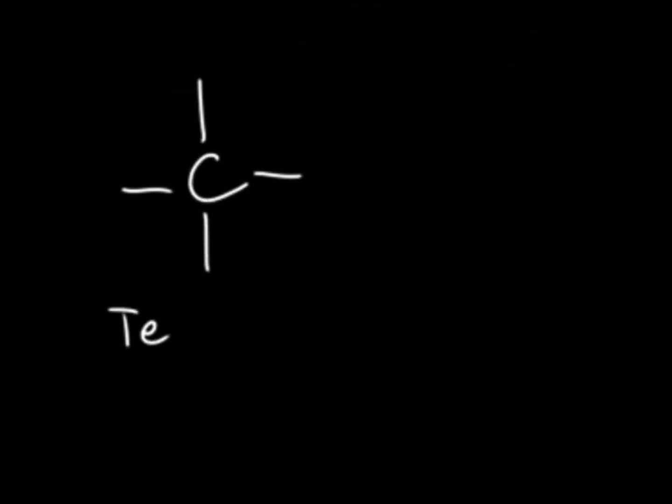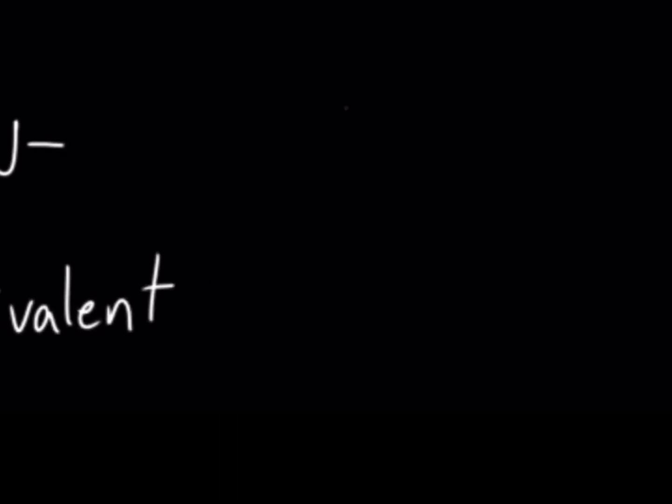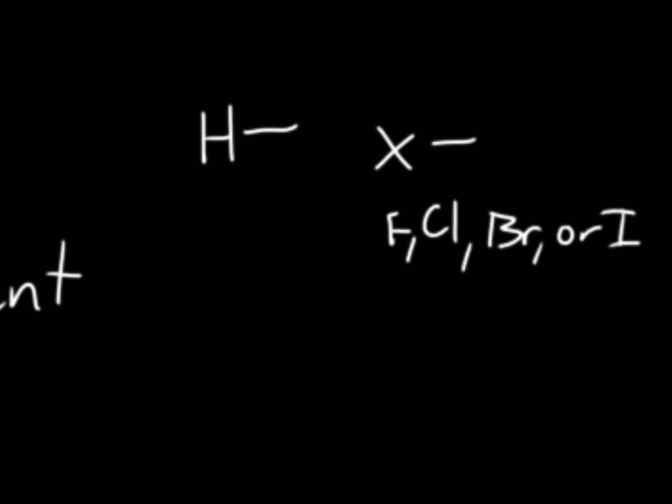For example, we have tetravalent with 4 bonds, trivalent having 3 bonds, divalent with 2 bonds, and monovalent with 1 bond. An X can be fluorine, chlorine, bromine, or iodine.